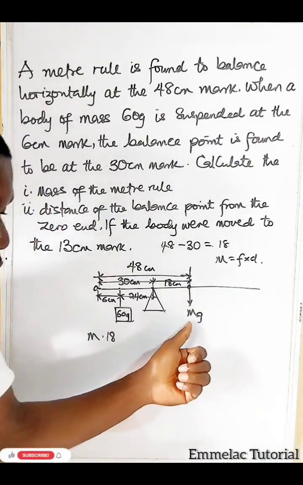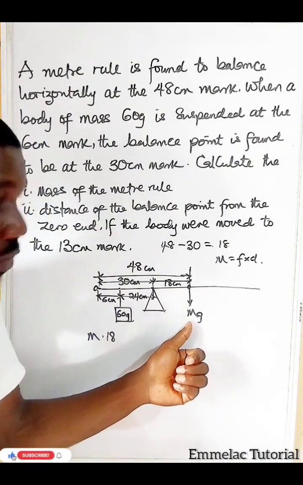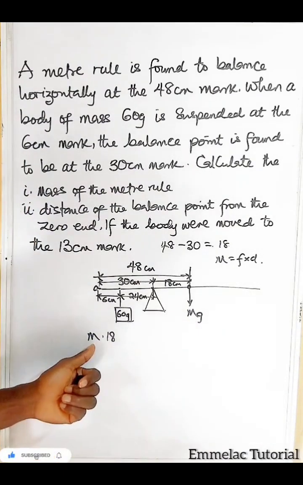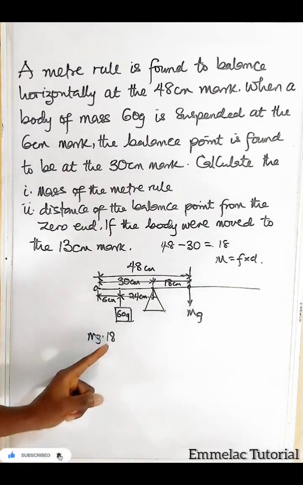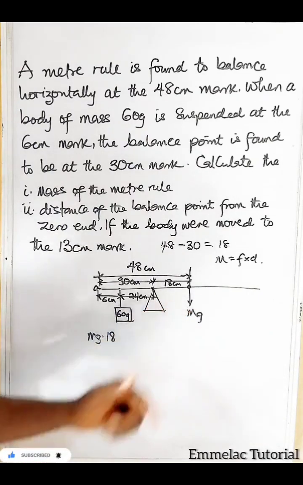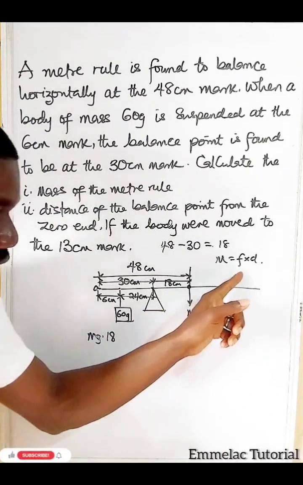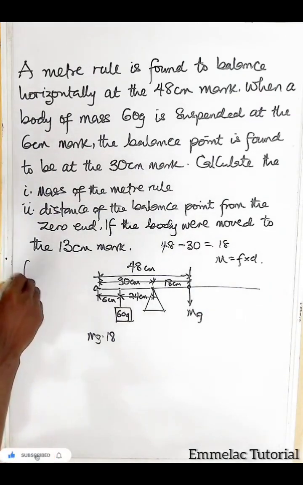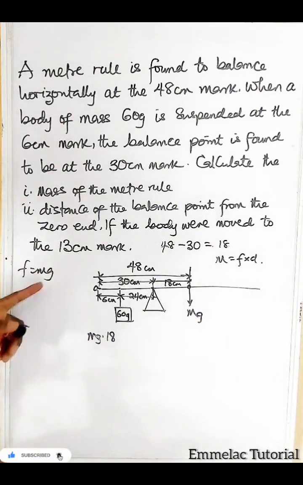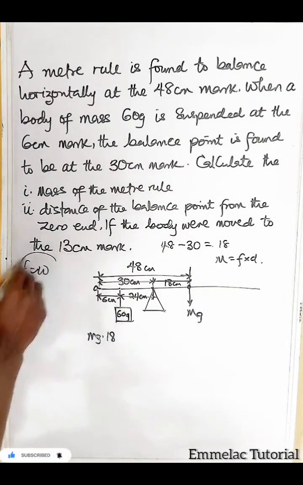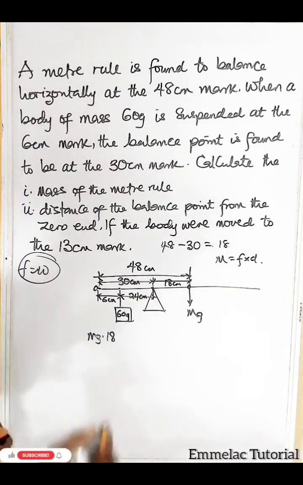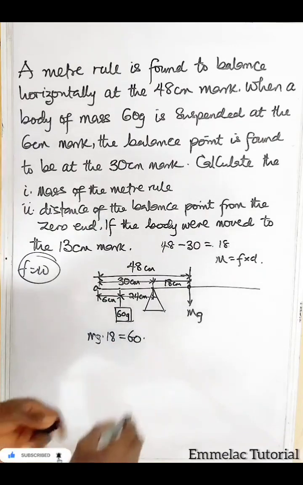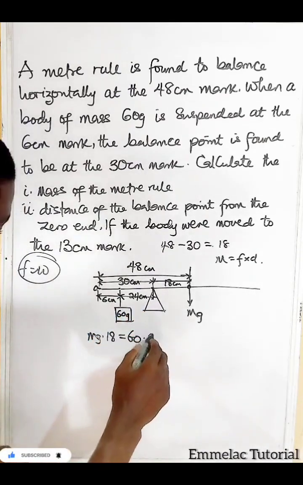This is the mass of the meter rule, so mg times the distance from the pivot, which is 18. This force can be related to the mass: the force in this instance is mass times acceleration due to gravity, which is also the weight. Then that equals this mass here, which is 60, times the distance from the pivot, which is 24.